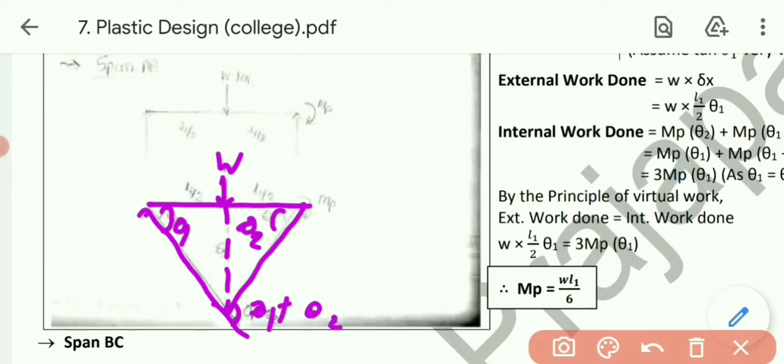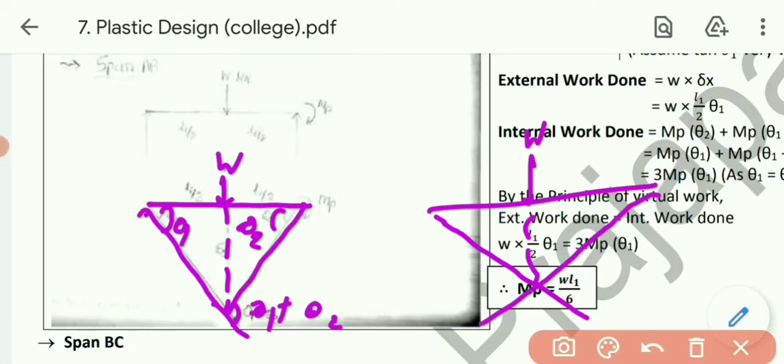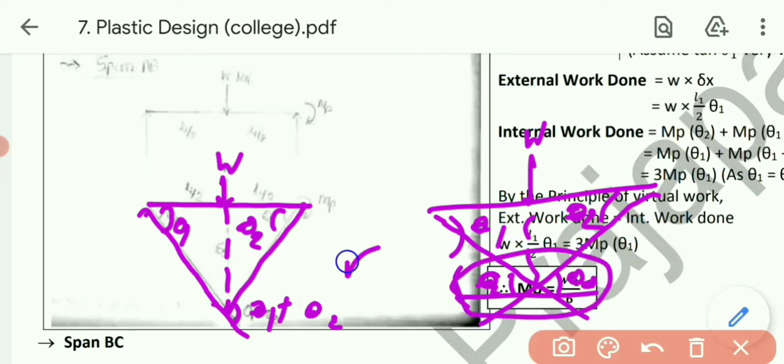Or you can draw the figure like this also, say central point load W. Okay, theta 1, theta 2, and over here also theta 2 and theta 1. You can show theta on both sides, or you can show it on one side, that is completely up to you.